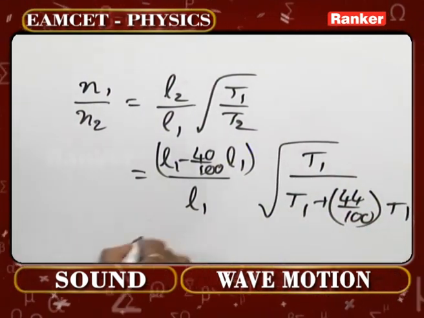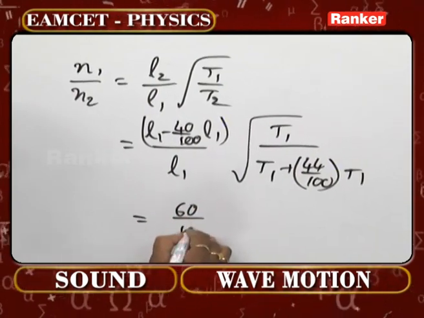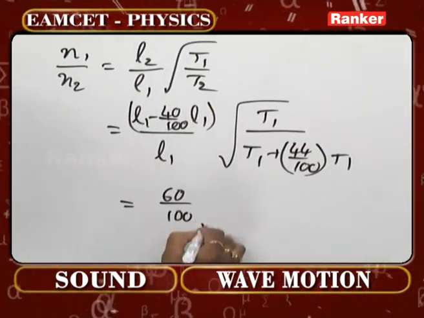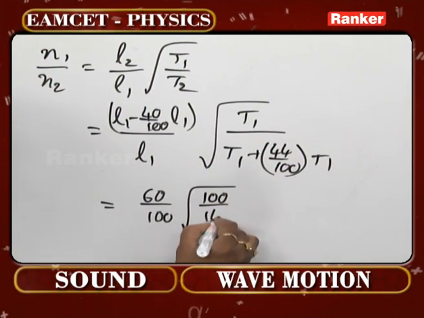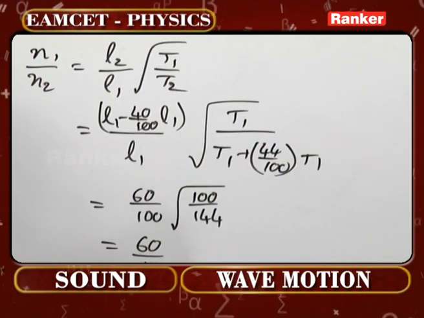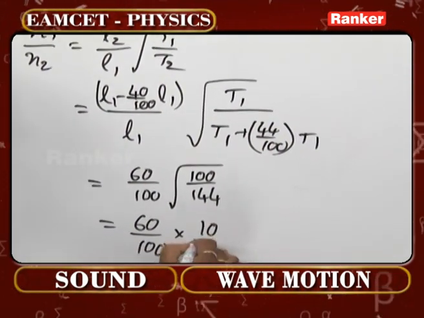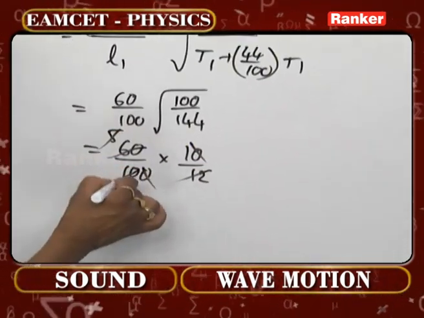Then what can you write now in this case? Look at 100 minus 40, it is 60 by 100, L1 getting cancelled, root of, T gets cancelled, 100 by 144 you get. In fact, you can write this as 60 by 100 into 10 by 12. This goes 5 times, this 0 gets cancelled and this goes twice.